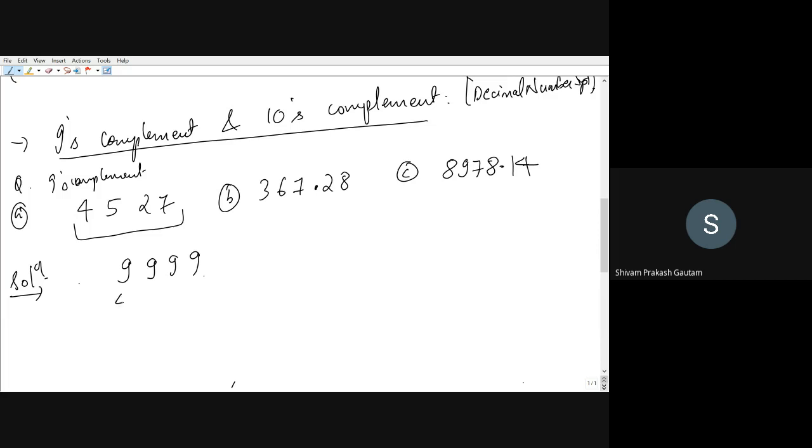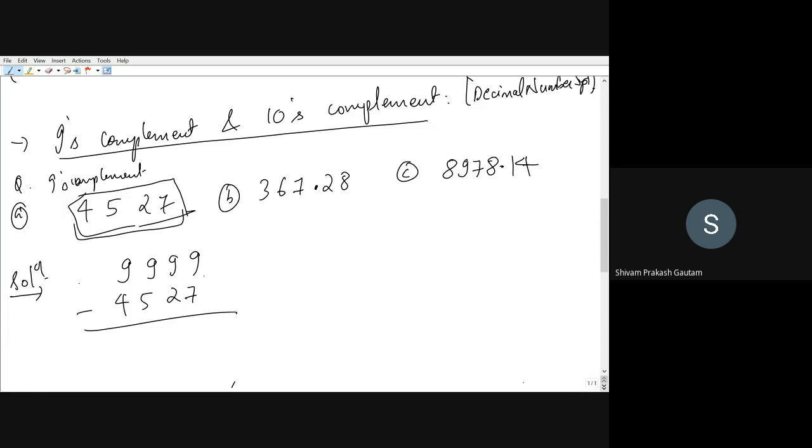So you have to subtract the number from the largest number in that decimal. Suppose this is a 4 digit decimal number. For calculating the nines complement, I am subtracting this number from the largest number of that many digits, which is 9999.